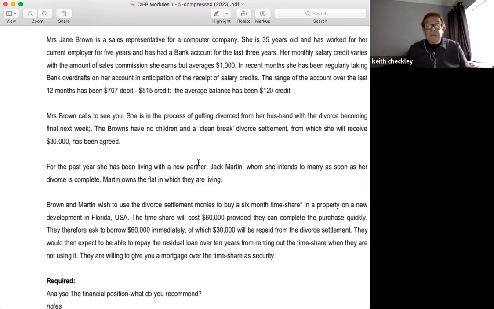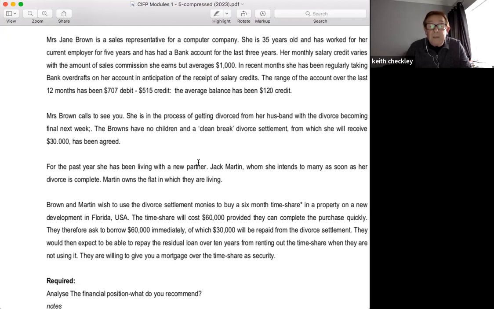The timeshare will cost $60,000, provided they can complete the purchase quickly. They are therefore asking to borrow $60,000 immediately, of which $30,000 will be repaid from the divorce settlement.